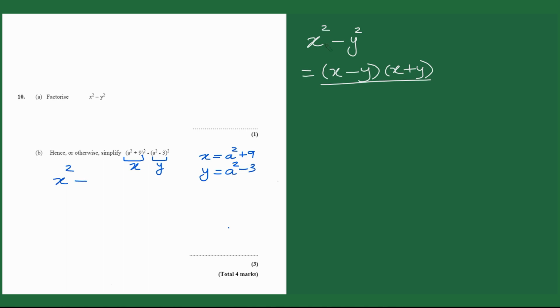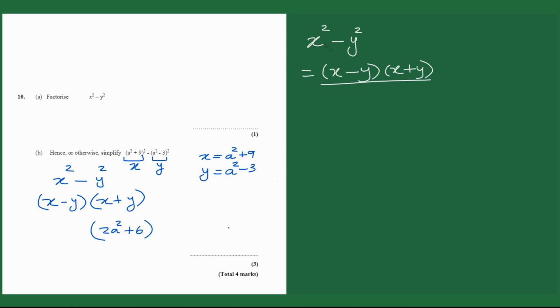So this is in the format of x squared minus y squared. We know the answer from the first part, x minus y and x plus y is the answer for the expression. So x plus y is a squared plus a squared, which is 2a squared.